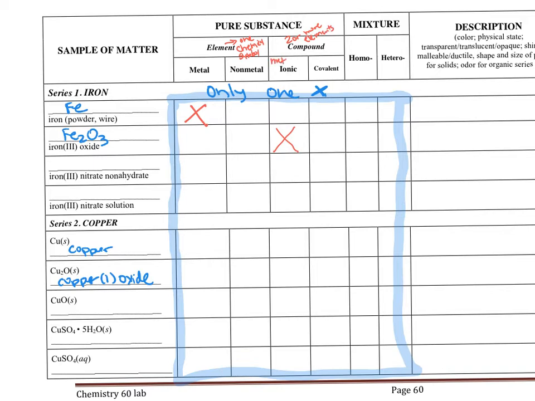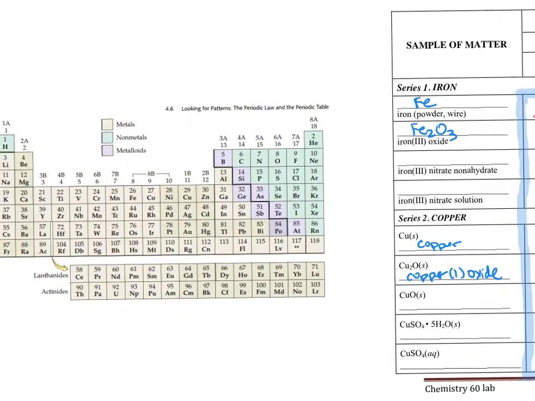Ionic, metal plus a nonmetal. And covalent, two or more nonmetals. So anytime we classify something as a pure substance and have to determine if it's an element or a compound, metal, nonmetal, ionic, covalent, you need to refer back to the periodic table.